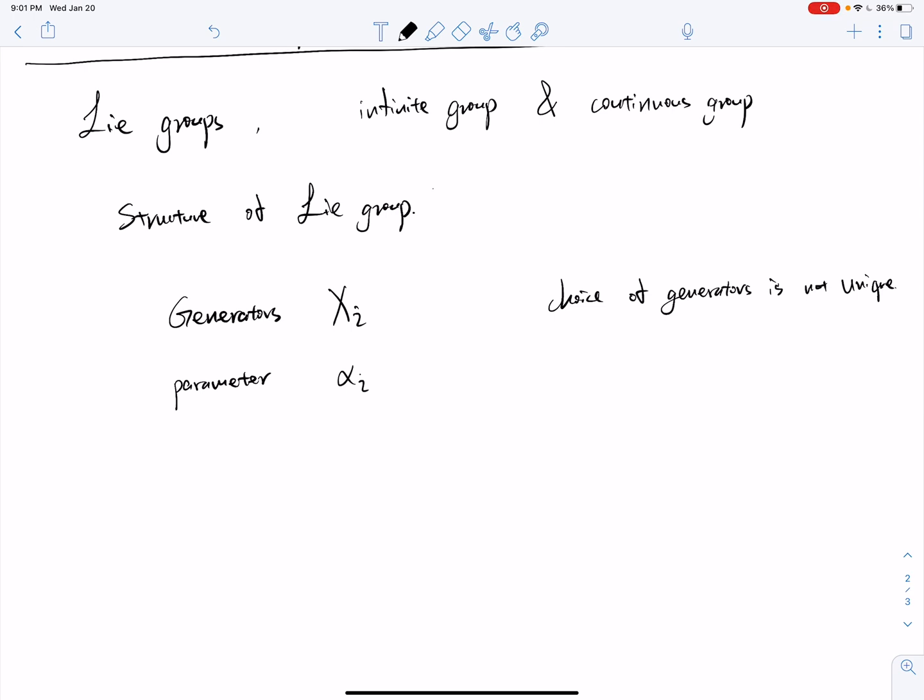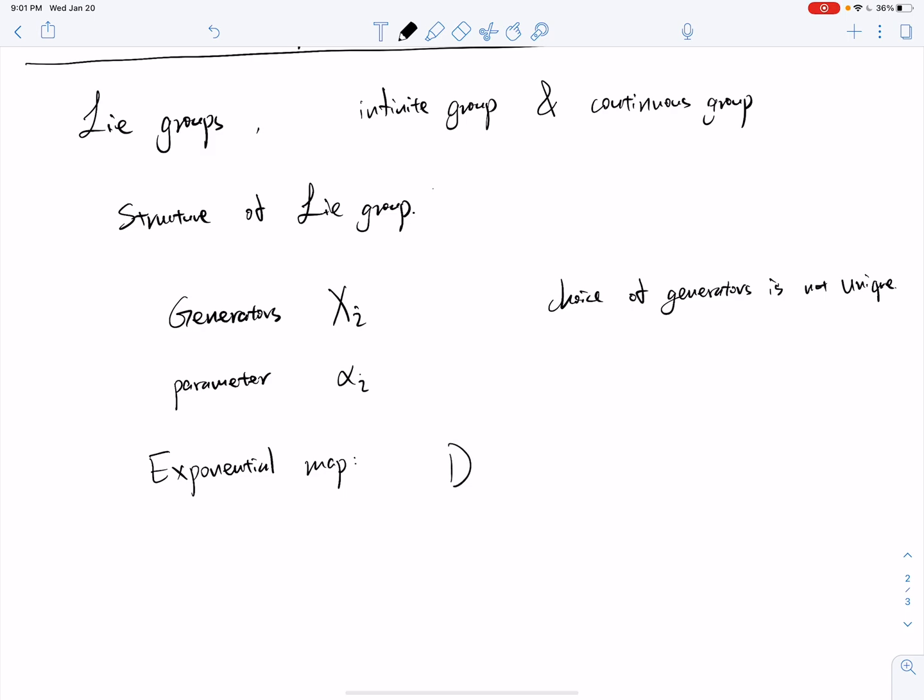Now that we have generators and different parameters, we need to construct each element of the group. This is typically done by what is called an exponential map.